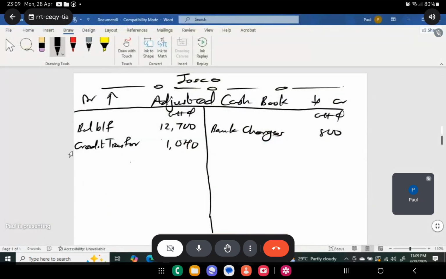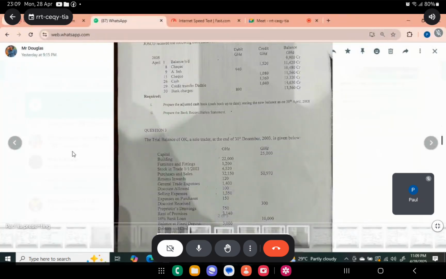So when they credit, you have to debit in your cash book. Do you understand? And when they debit, you have to credit, because when they are debiting, they are decreasing your account. So you have to credit to decrease your account. Please, you understand? Yes. Okay, so Mr. Douglas, you can continue.